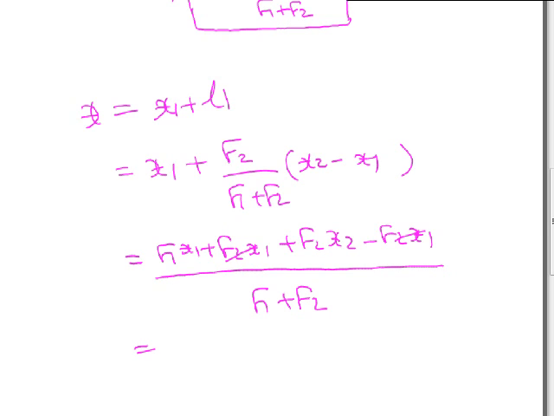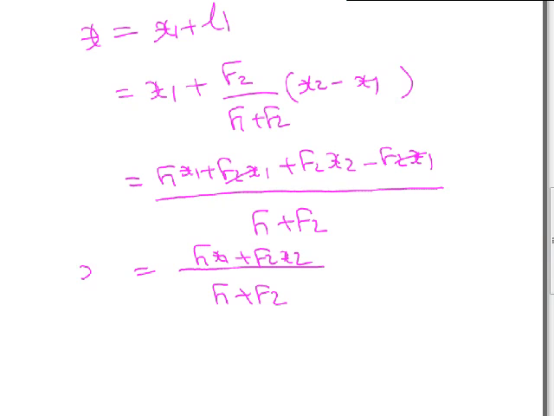So this and this get cancelled, and you have F1 plus F2. This is an important result, and we'll try to build on it in subsequent classes.